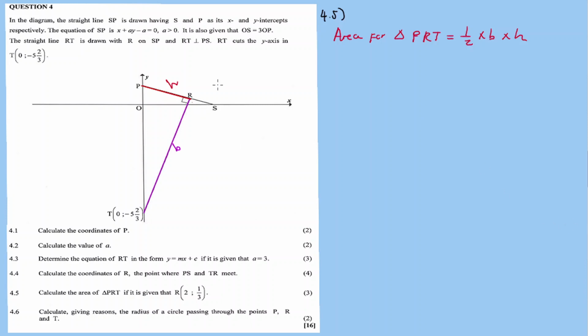In other words, you have to use the distance formula between R and T to find the length, and then the distance between U, P and R. You can take that way, or look at it this way, making this your base and this your height. Nayisona iba lula ngoba you don't have to apply ama distance formulas la.